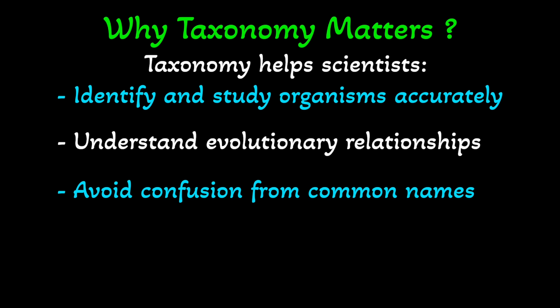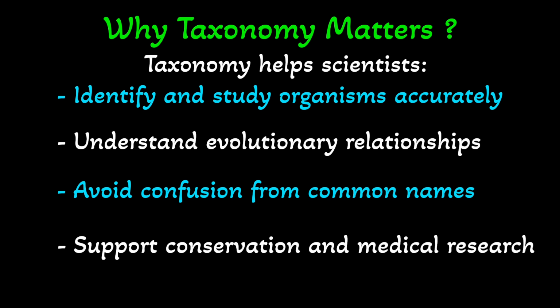Third is to avoid confusion from common names. The example is Panthera. A common name can mean anything in any language, but if there is a scientific name, there will be no confusion. And fourth, if we classify organisms, then we know which species is endangered and which species is flourishing better, so we can support conservation and medical research.